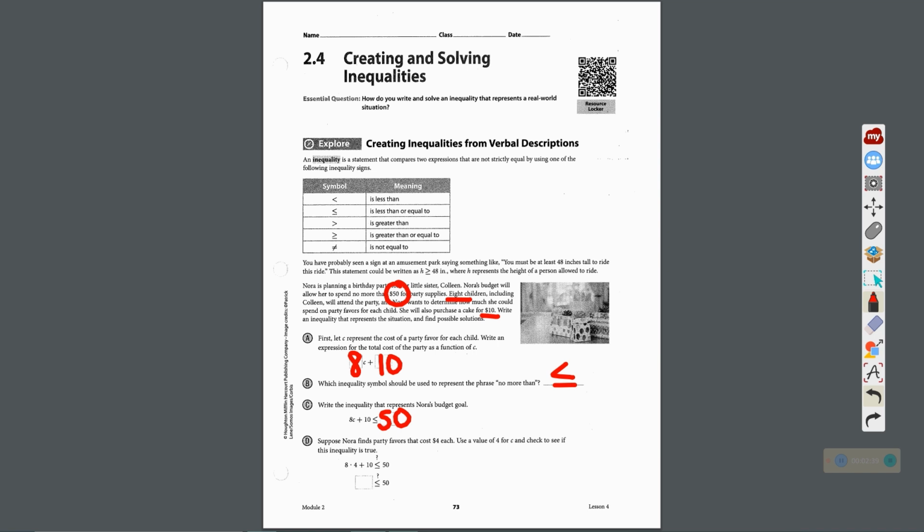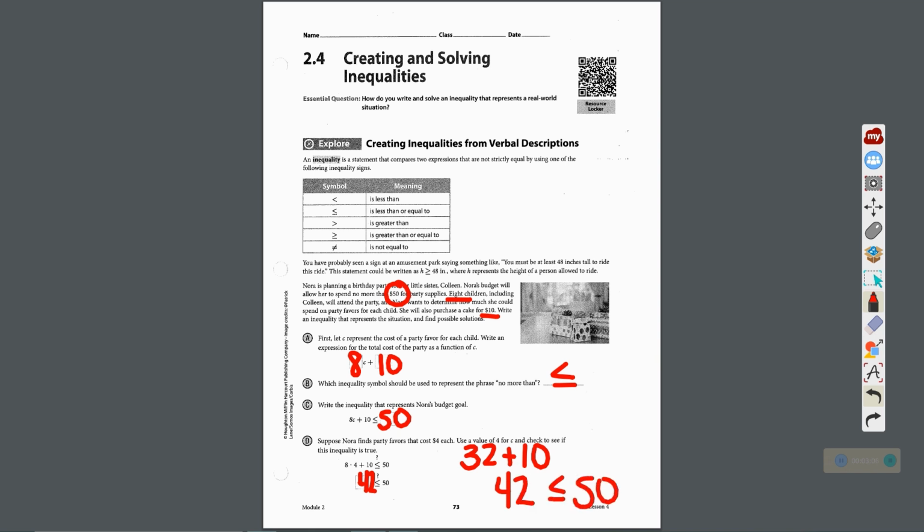Suppose Nora finds party favors that cost $4 each. Use a value of 4 for C and check if this inequality is true. So if we did that, this piece would be 32 plus 10, which is 42. And is 42 less than 50? Or less than or equal to 50?